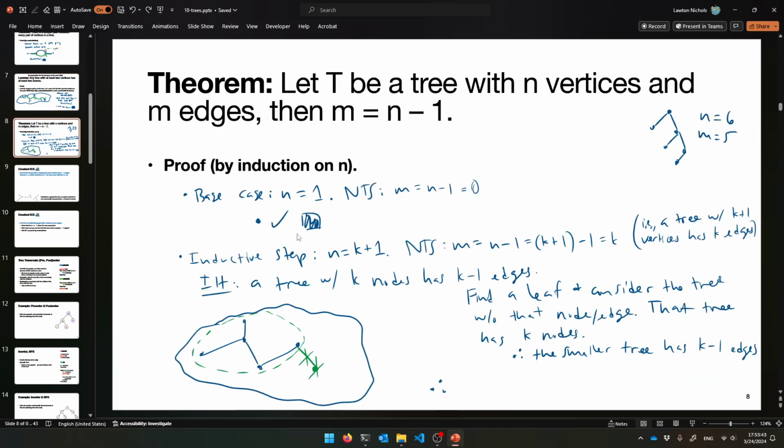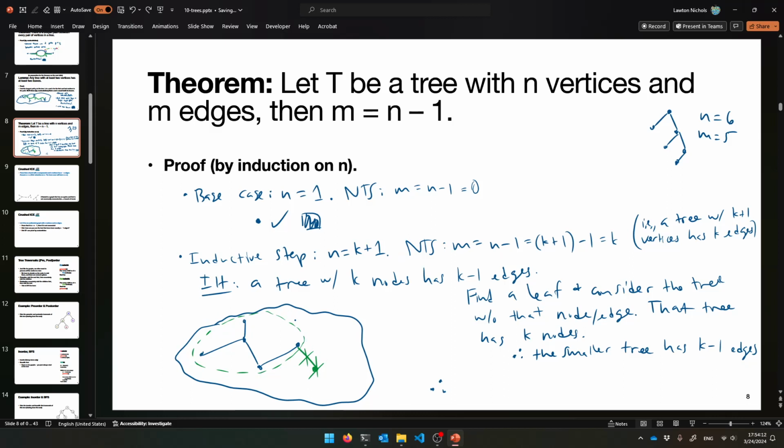And then now we're here. We got rid of that and we made another tree. We were able to find a leaf and get rid of it. We only need one, really. So if you were to add back in this node and this edge, what would that do? Because you knew that that smaller tree of size k had k minus 1 edges. You added in the node again, it's k plus 1 again. And if it had k minus 1 edges, the rest of it, you added one more, so that's k. That's what we needed to see.